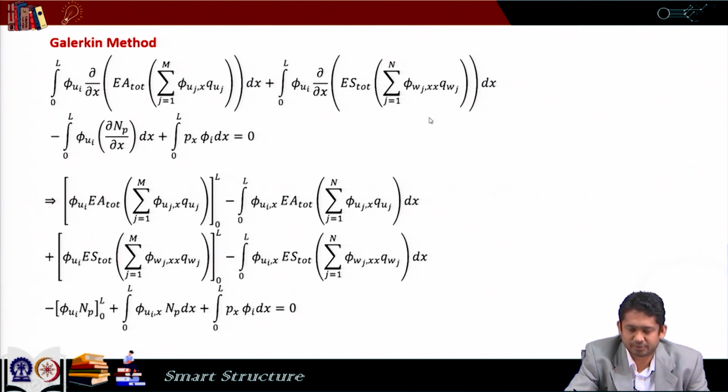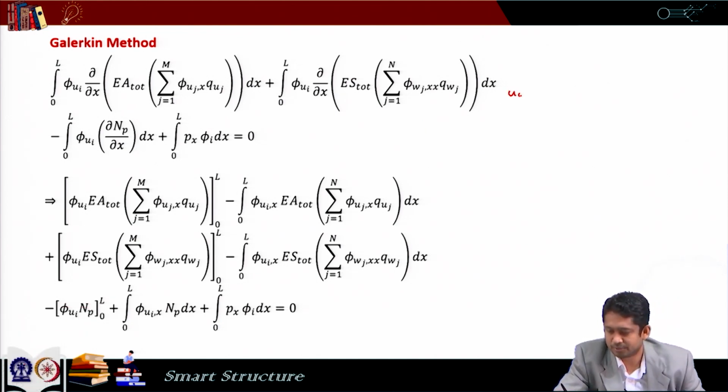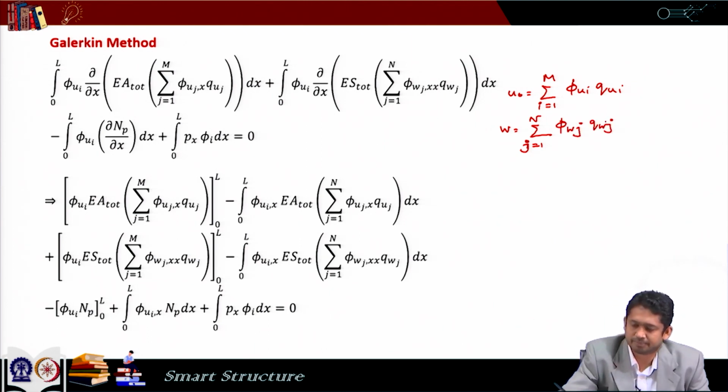We had a governing differential equation in terms of u0 and w, and we assumed our u0 as the summation of i equal to 1 to m of phi ui q ui, and w was assumed as the summation of j equal to 1 to n of phi wj q wj.